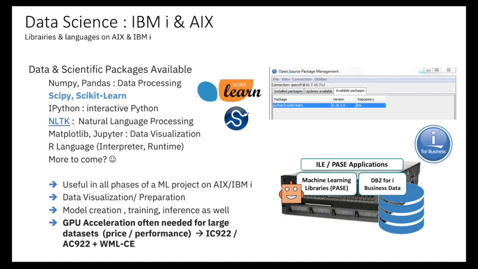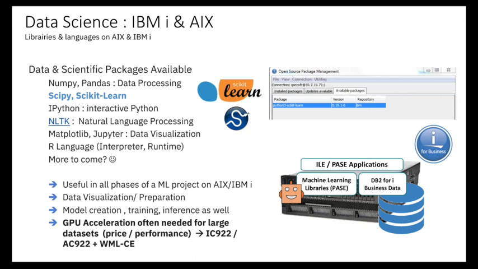Just to focus on the IBM i and AIX solution for data science based on free open source technologies, in that particular demo, we're going to talk about NumPy and Pandas for data processing, SciPy, Scikit-learn, Matplotlib, which are Python libraries to help you manipulate data, do some math, and of course build predictive models with Scikit-learn.